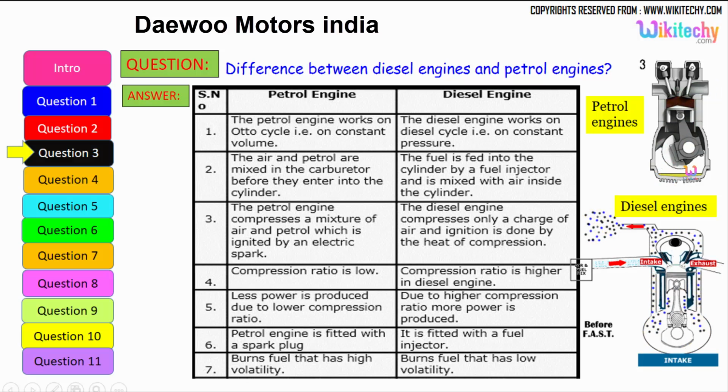Here the compression ratio is low, whereas the compression ratio is higher in the diesel engine. Less power is produced due to lower compression ratio; with a higher compression ratio, more power is produced. The petrol engine is fitted with a spark plug. The diesel engine is fitted with a fuel injector.